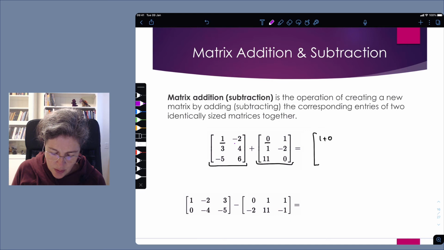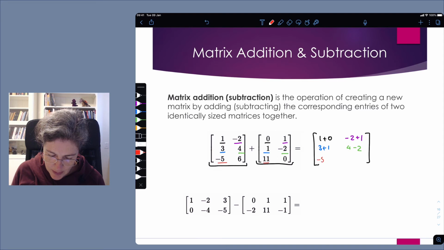My second entry in the first row will be -2 plus 1. My third entry will be 3 plus 1. Fourth entry will be 4 minus 2. Then I'm going to have a -5 plus 11.